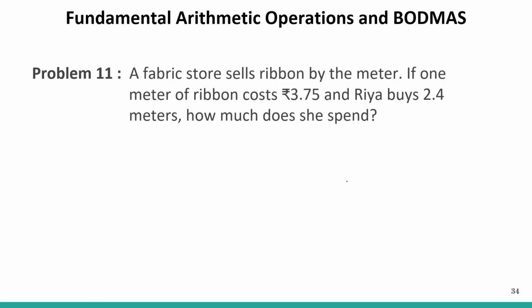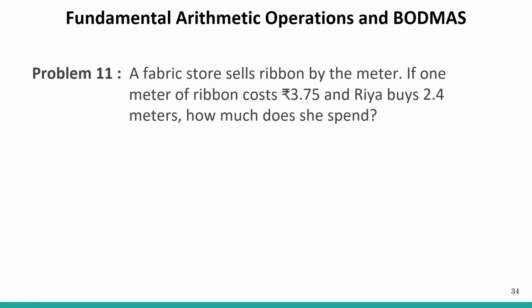Question number 11. A fabric store sells ribbon by the meter. If 1 meter of ribbon costs 3.75 and Ria buys 2.4 meters, how much does she spend? So a fabric store sells ribbons, and it sells by meter.